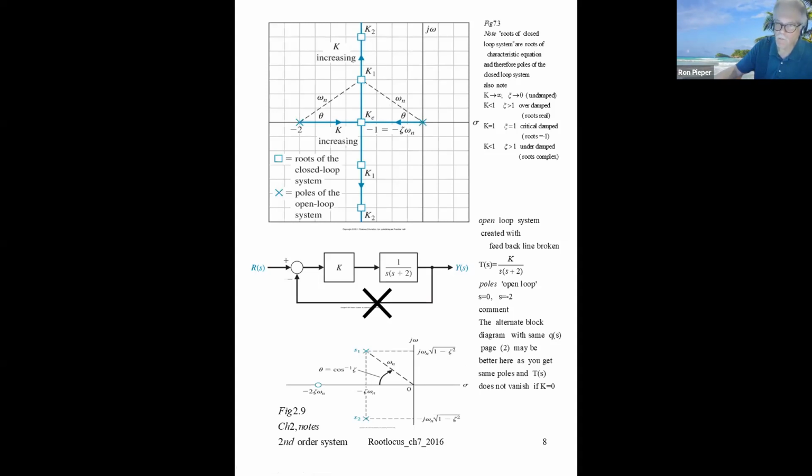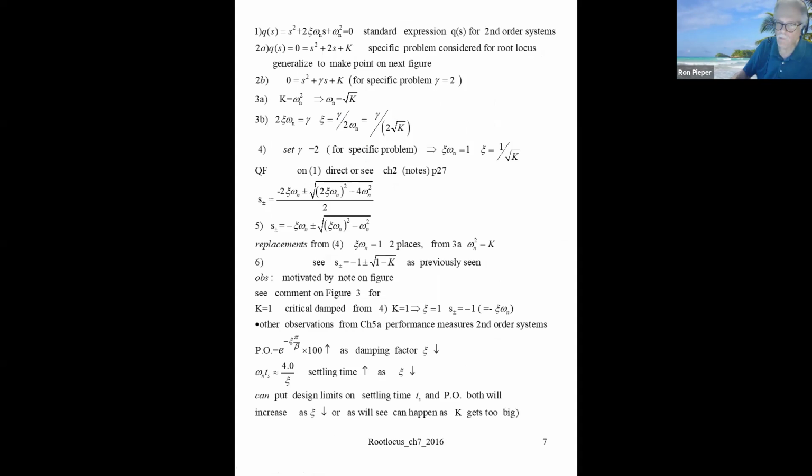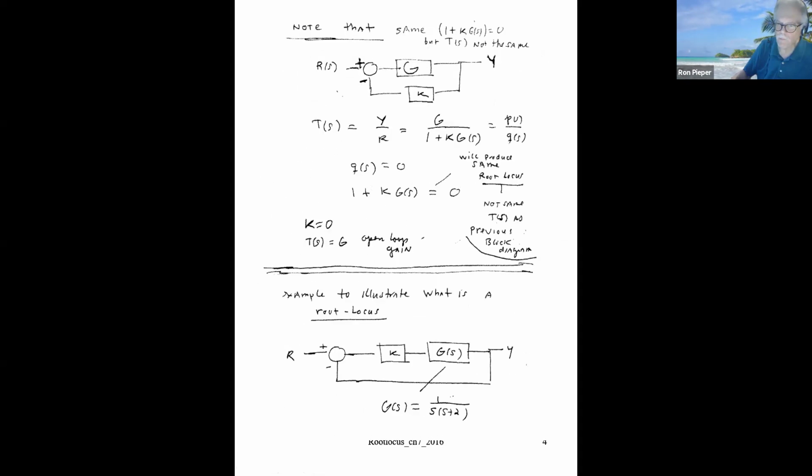Let me go down to the bottom, I think this is the one right here. If you look at this one, you set K equal to 0, it takes the feedback path out, and yes, the poles identified are the correct ones, and you still get a signal through.